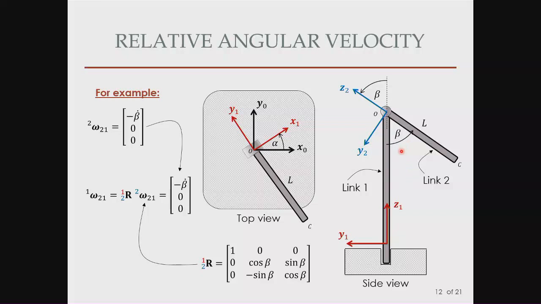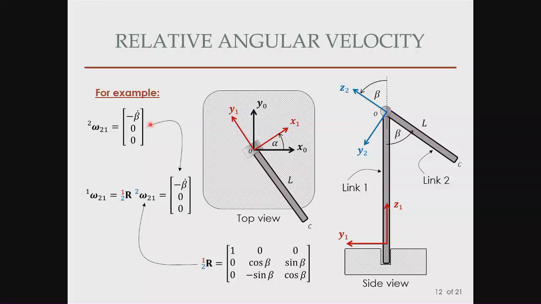So what is the axis of rotation? Look here, if this is y2 and z2, where is x2? Going in, right? If x2 is going in, but if you follow your fingers along this convention, this arrow for beta, it is opposite to where x2 is going. So you have this minus beta dot.